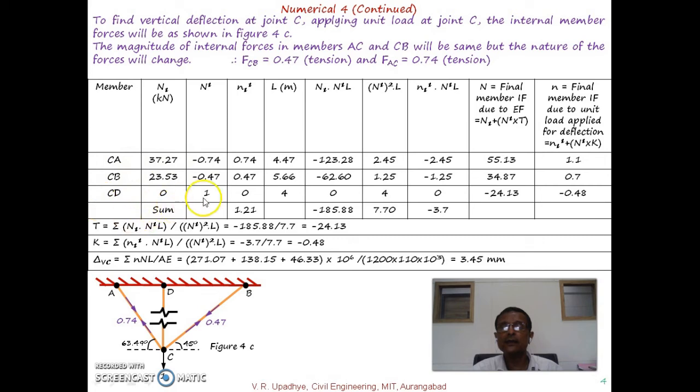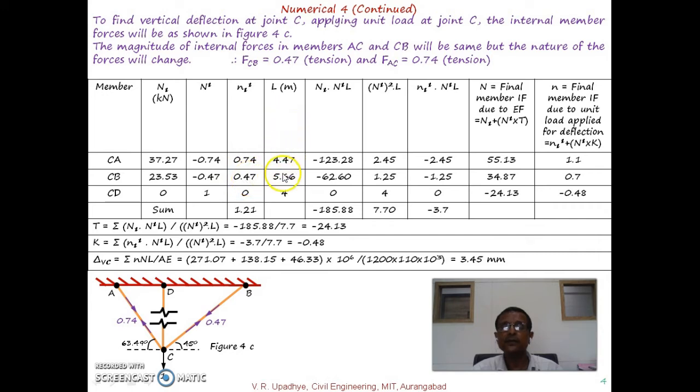Now over there that unit load was applied at member CD, and due to that unit load, internal member forces in member CA and CB were both compressive, 0.74 and 0.47. And small n1, this is due to the unit load applied where deflection is to be calculated, and the internal forces in basic determinate structure due to that unit load. So that is the tension 0.74 and 0.47.